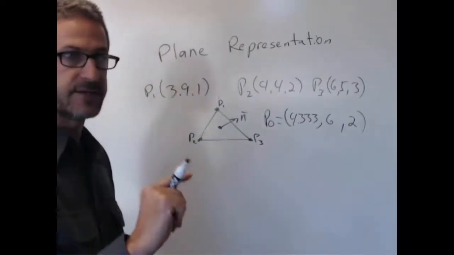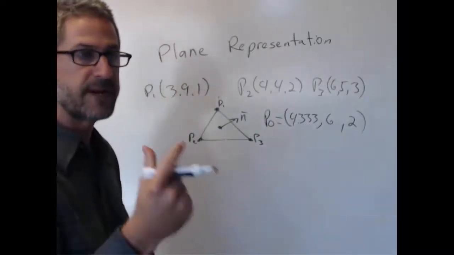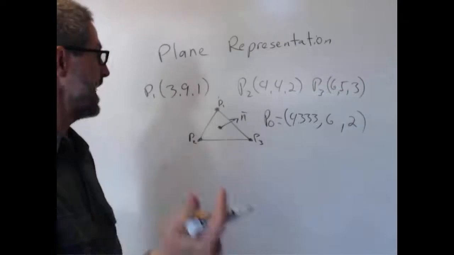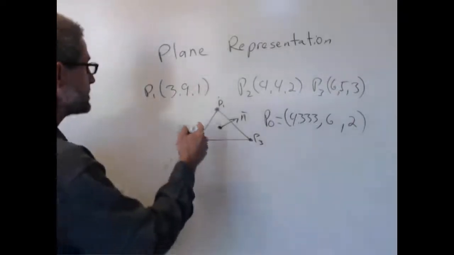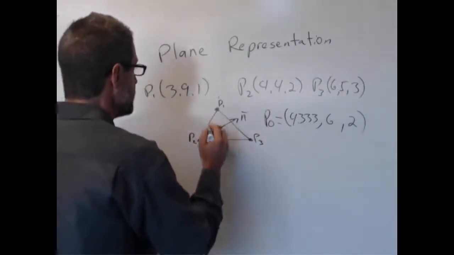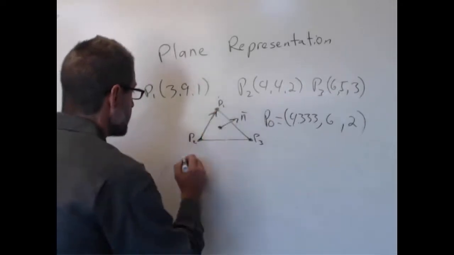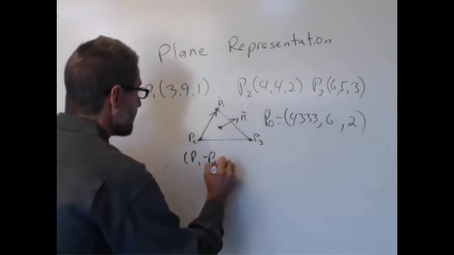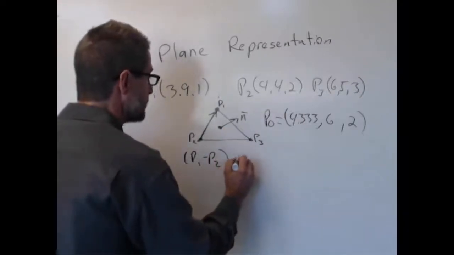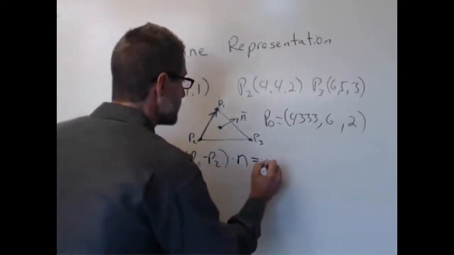Here we've got P1, P2, and P3. Now we know that any 2 vectors, if they're perpendicular to each other or normal to each other, the dot product is 0. So if we took this vector P1 minus P2, and we dot product it with n, we should get 0.